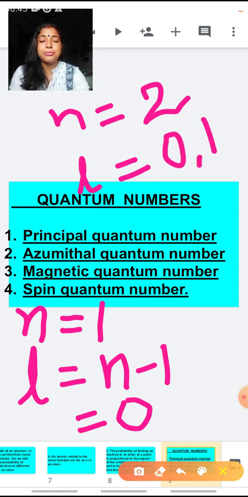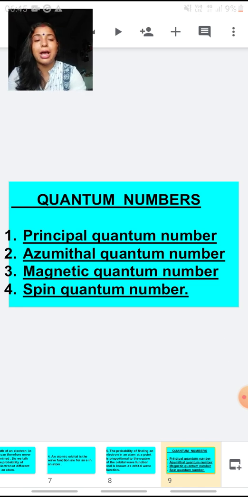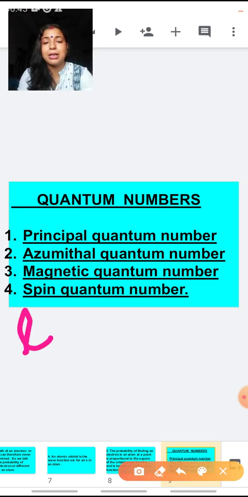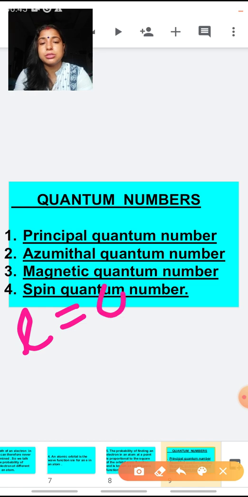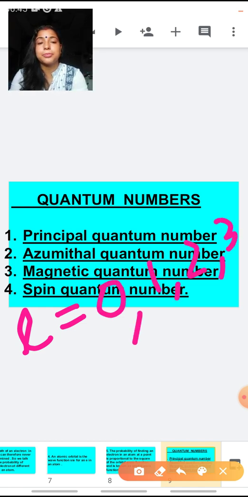Now see, the possible values of l are 0, 1, 2 and 3. You have to remember this.